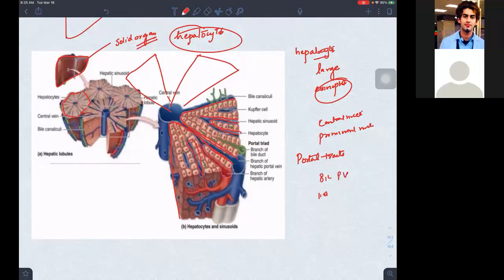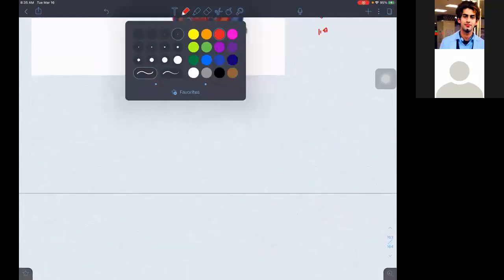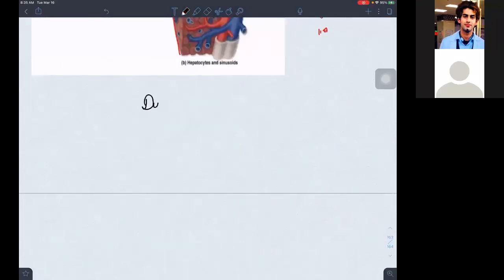And you should know a concept that the liver has a dual blood supply. What is the dual blood supply? It means it is getting blood supply from two origins. One is the portal vein, and the second is the hepatic artery.